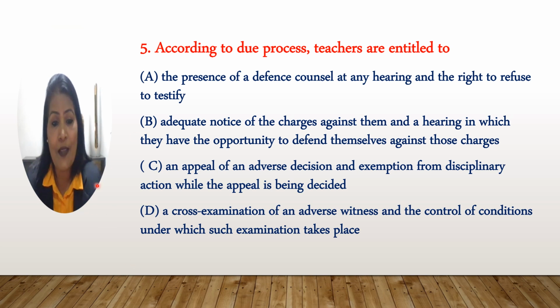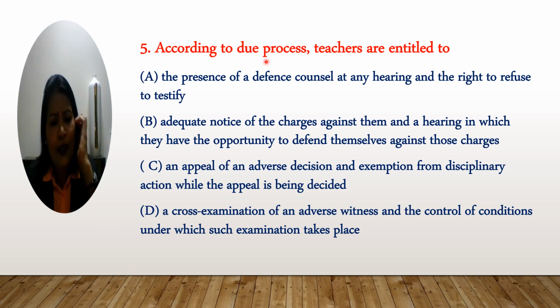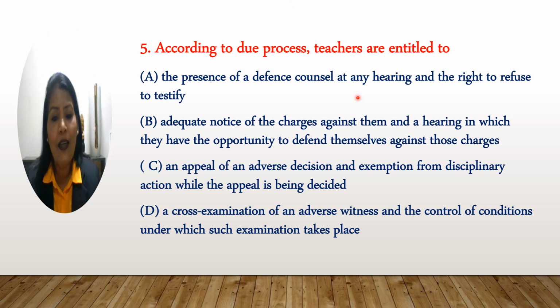Now the next question. According to due process, teachers are entitled to: A. The presence of a defense counsel at any hearing and the right to refuse to testify. B. Adequate notice of the charges against them and a hearing in which they have the opportunity to defend themselves against those charges.